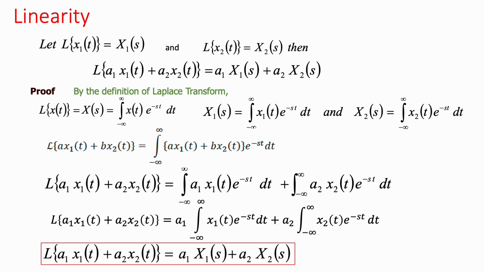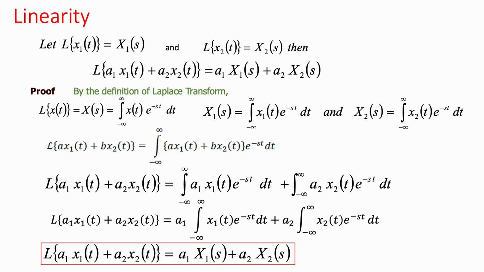Now integrate from minus infinity to plus infinity a1 x1 of t e power minus st dt, plus the integration from minus infinity to plus infinity a2 x2 of t e power minus st dt. From these two, you bring out the constant a1, and the remaining term you get here.